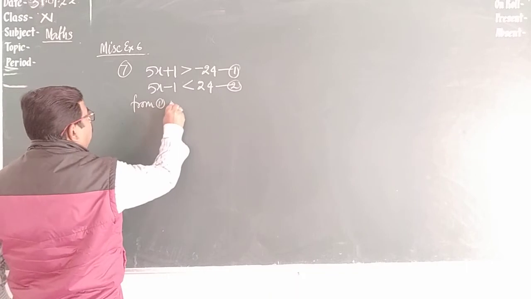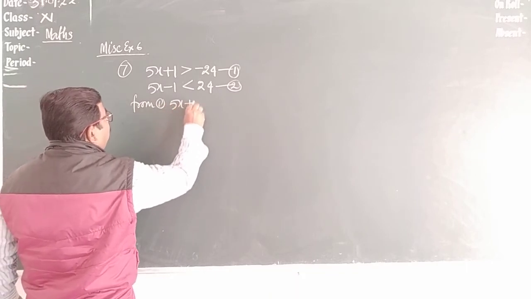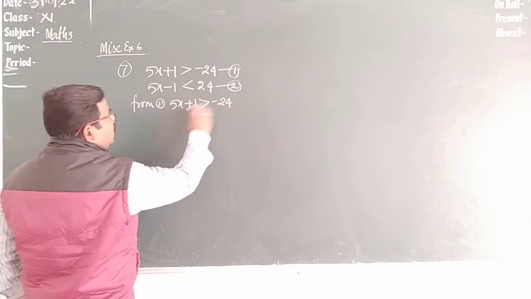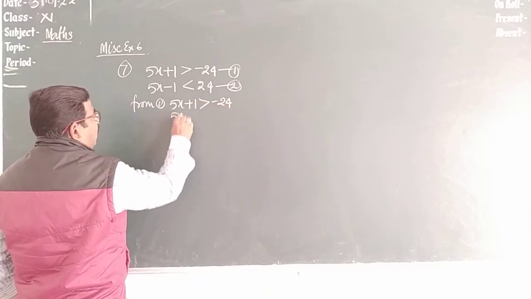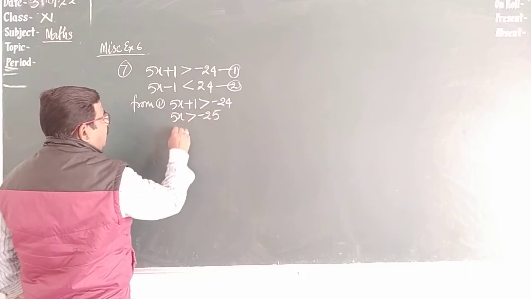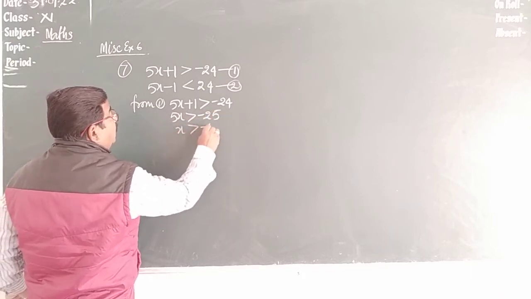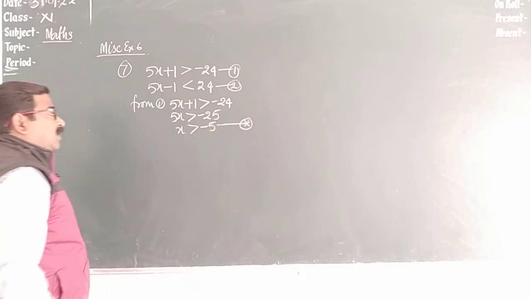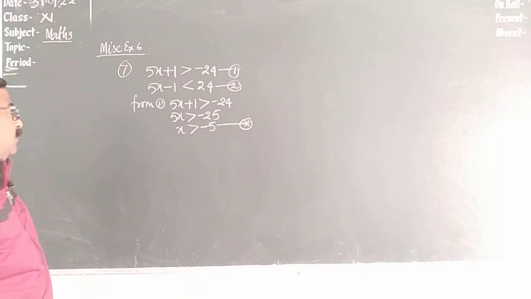From 1, 5x plus 1 is more than minus 24. Send this 1 to this side. We have 5x is more than minus 25. Then x is more than minus 5. We have got one of the results: x is more than minus 5.